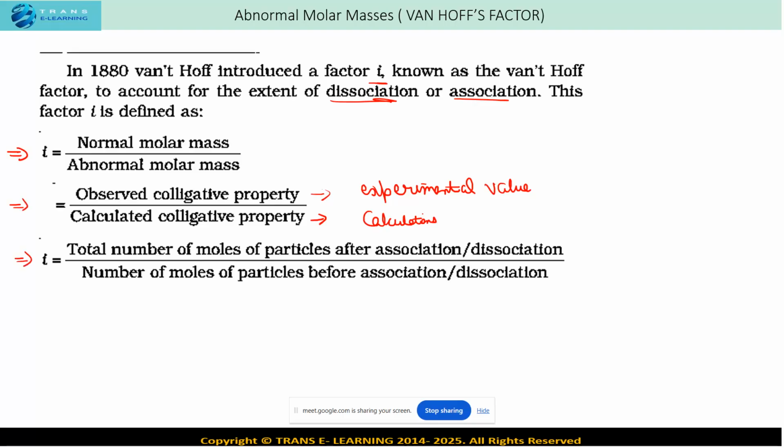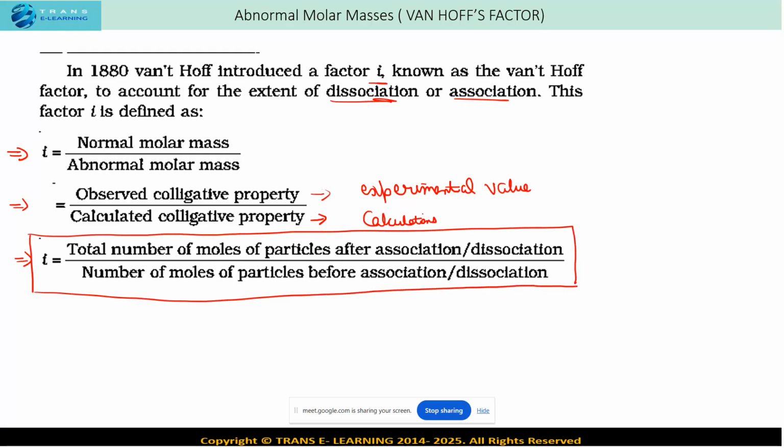So there are three formulas that we would be using to calculate the Van't Hoff factor: normal molar mass over abnormal molar mass; observed colligative property divided by calculated colligative property; and the total number of moles of particles after association or dissociation divided by the number of moles of particles before association or dissociation. We are going to use the third formula a lot because it will help us get the value of the Van't Hoff factor.